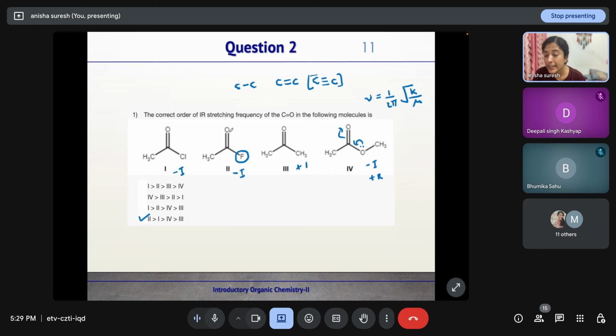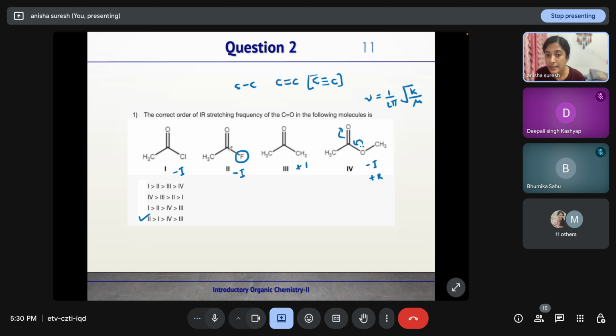Here, if we consider the electrophilicity also, the electrophilicity of the center will be decreasing. So because of that, this bond will be comparatively shorter compared to other cases.